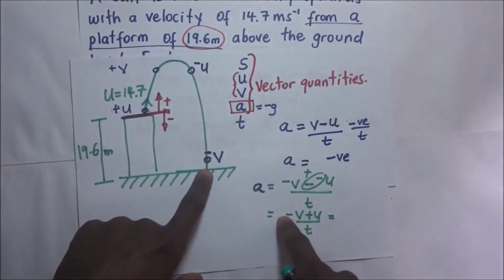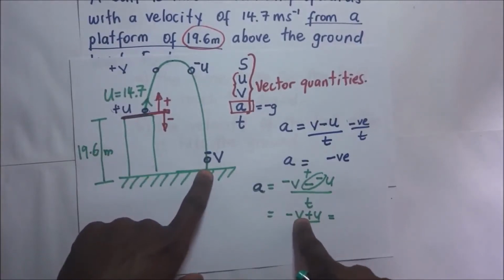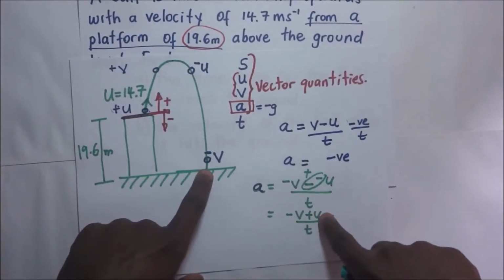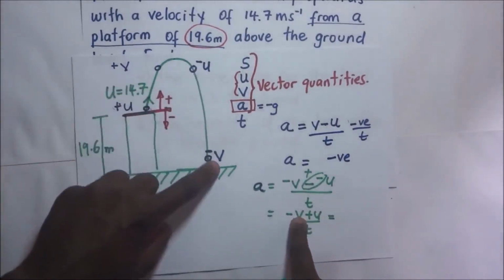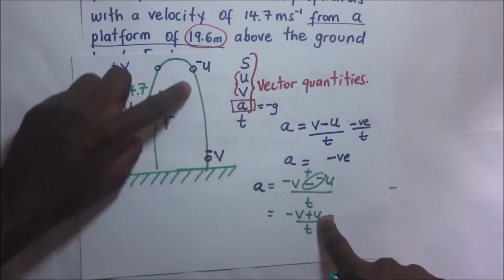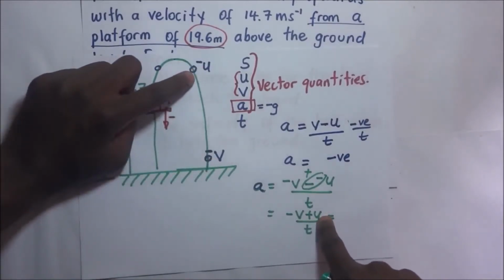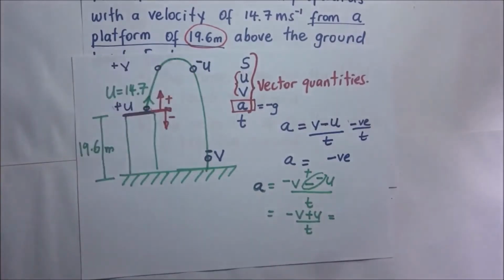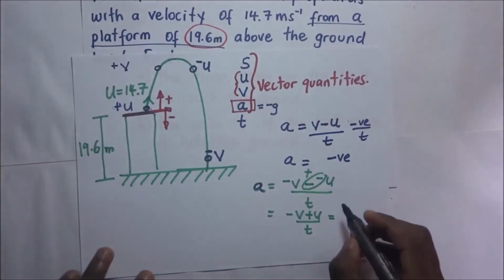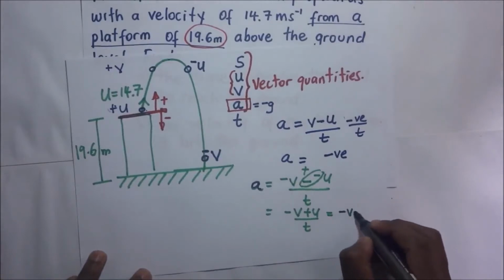So you're having a negative number that is so large, and you're adding it to a small positive number, a small value of u. It means that if this value of v was 30, it's negative 30 plus 10. If this was 10, I'm giving an example. So our overall answer here, whatever the figures will be, will always give you a negative.